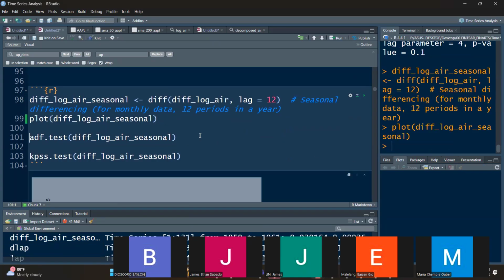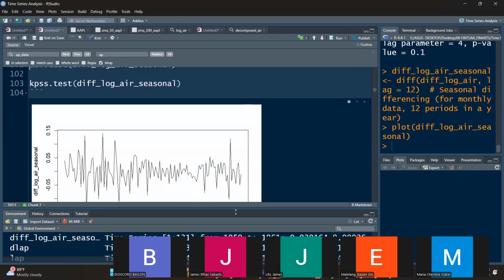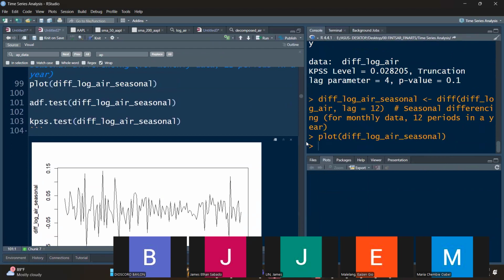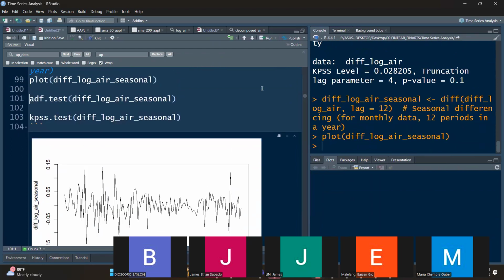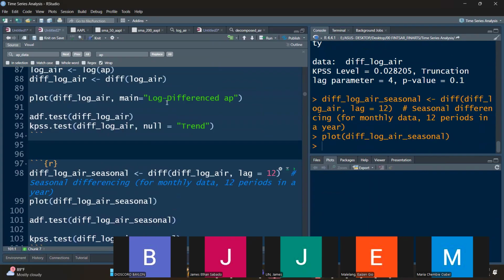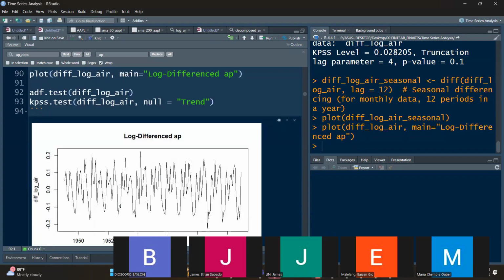Let's see how this plot looks. You notice that, unlike this one, diff log air, let's plot this. This one, although not that apparent, seems to have some seasonality.